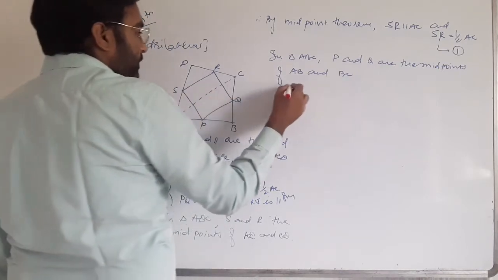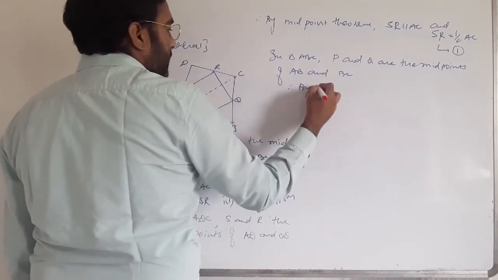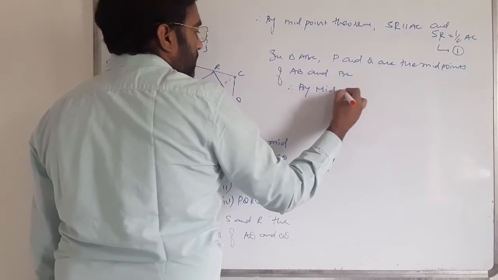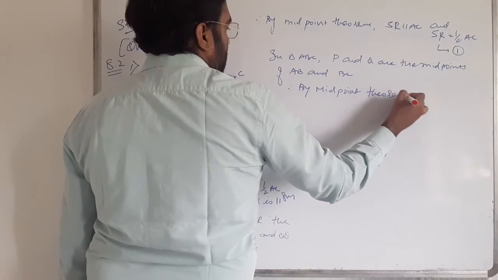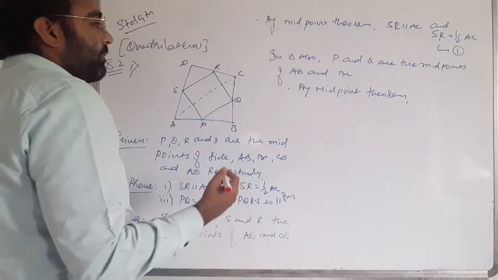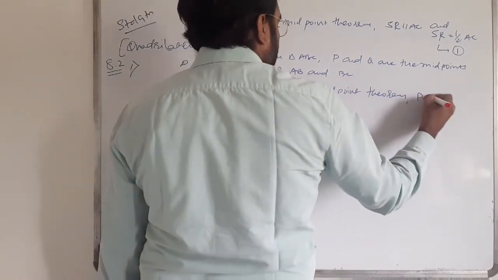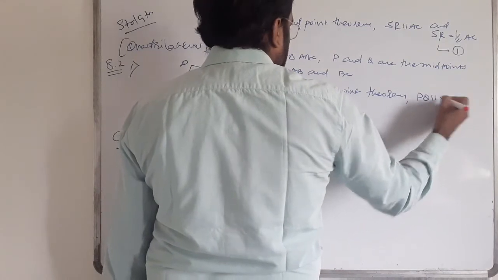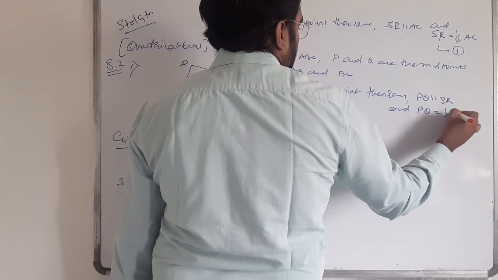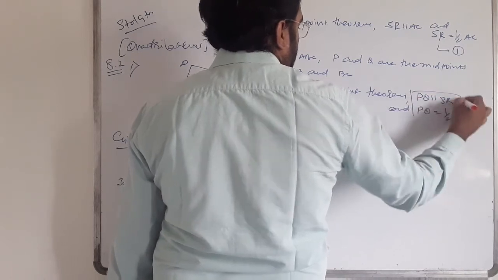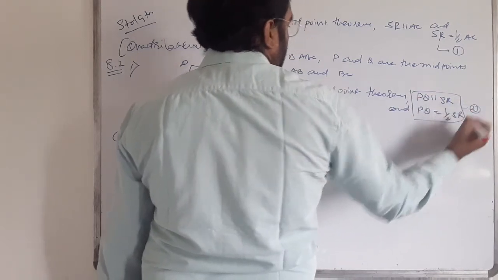So therefore, by the midpoint theorem, PQ is parallel to AC and PQ is equal to half of AC. This is the second one.